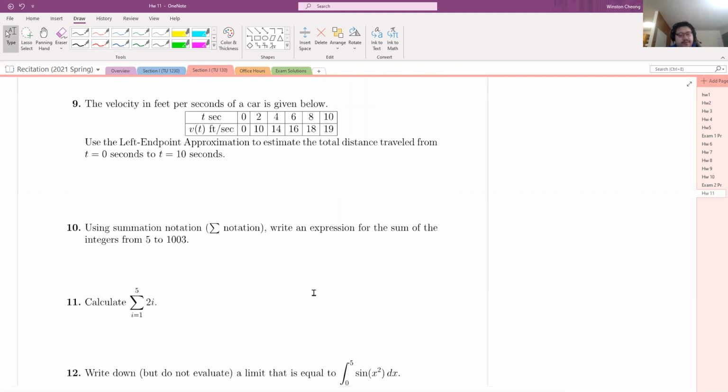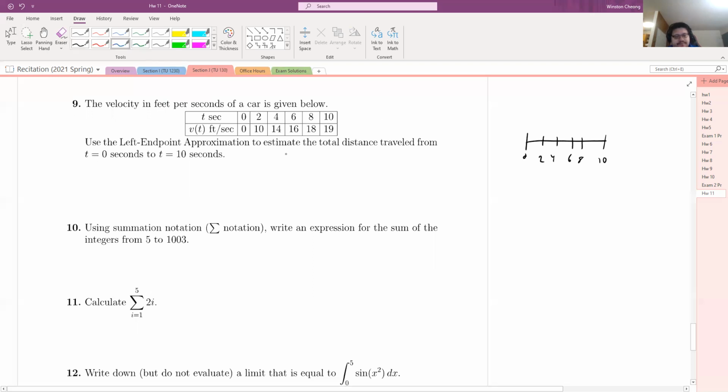So number 9. We've done things that are like this, except in this case, it gives the information to us in a table form. So we want to do left endpoint approximation. What we need to see is which values do we actually take for the left endpoint approximation.